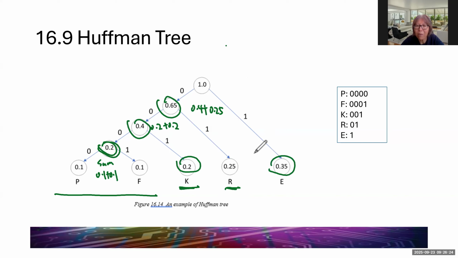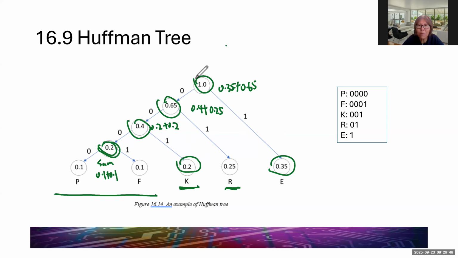And then we have this 0.35. So 0.35 plus this 0.65, you come to 1.0. We don't have anything beyond that, and the root is supposed to be 1.0, 100 percent.